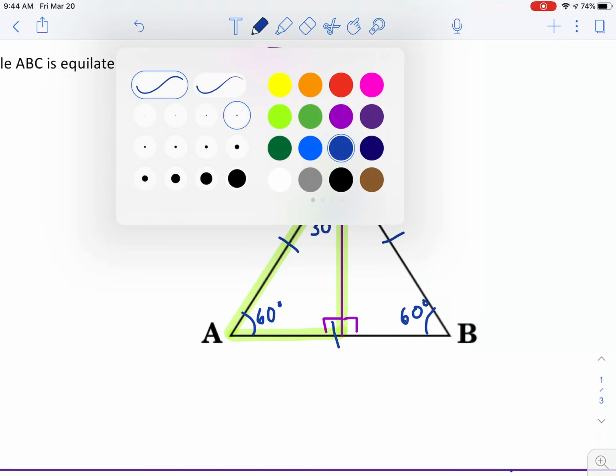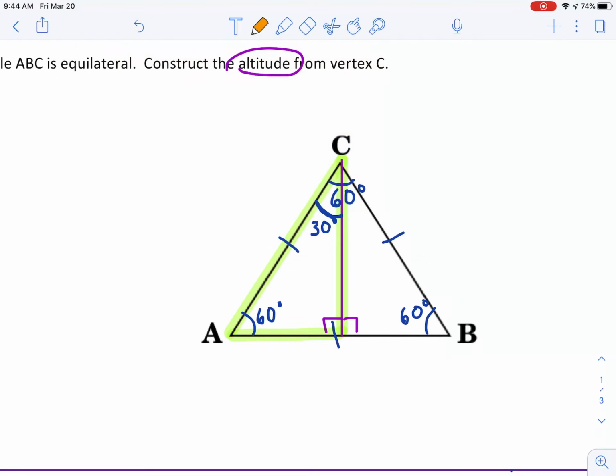Now, just because it's going to make things easier, I'm going to say each side of this equilateral triangle has a length of 2 units. And that should mean that this side has been broken up into 1 unit and 1 unit.